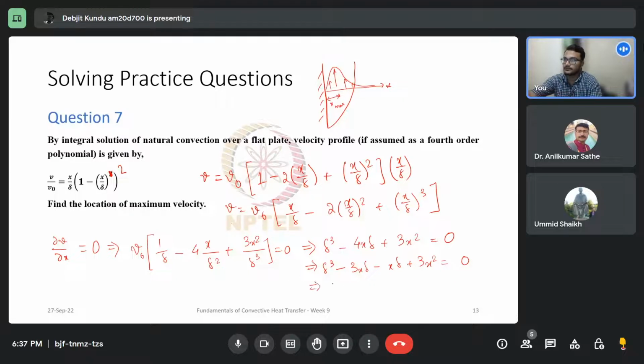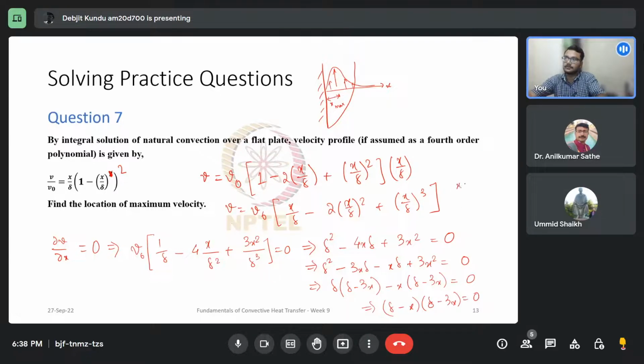If I take delta common over here, this becomes delta minus 3x. If I take minus x common here, it becomes delta minus 3x once again. So it boils down to delta minus x or delta minus 3x equal to 0.